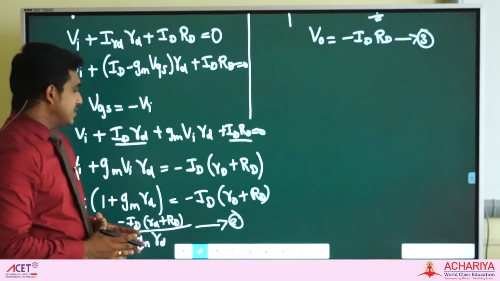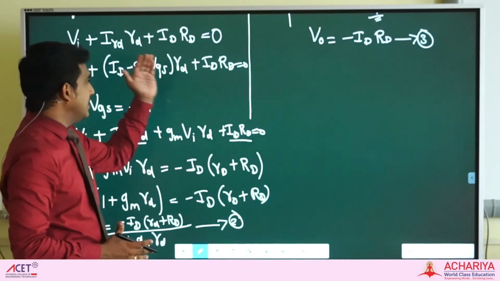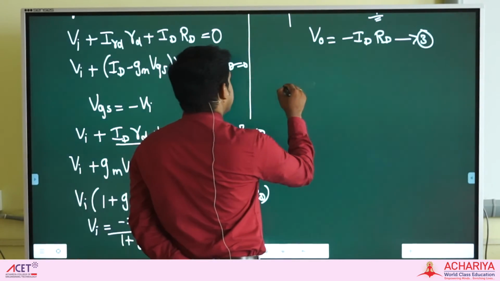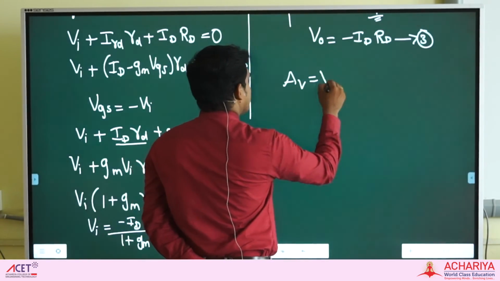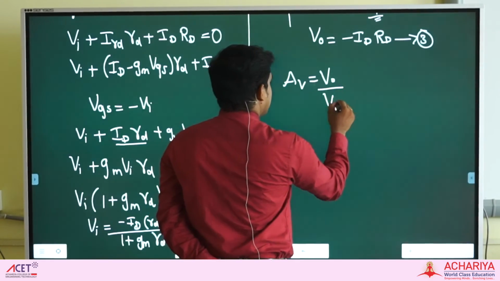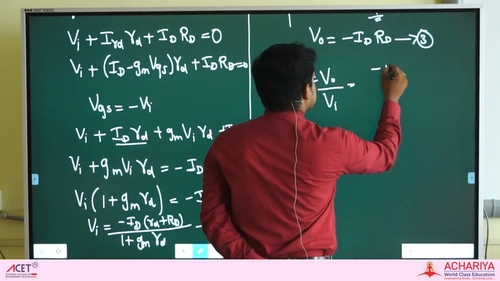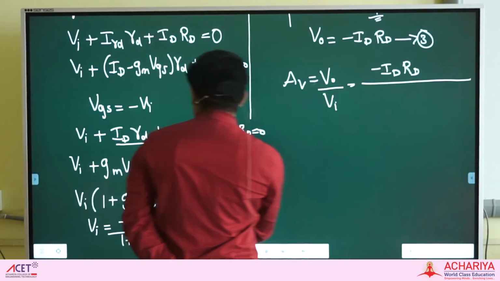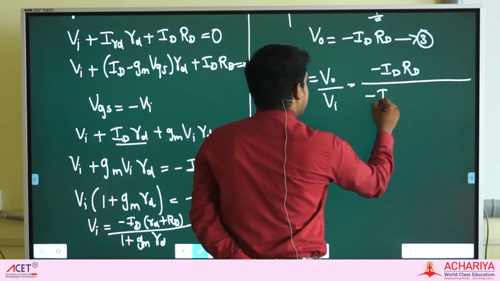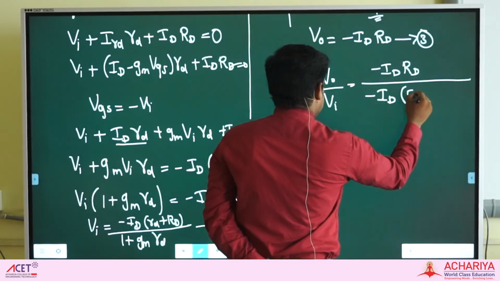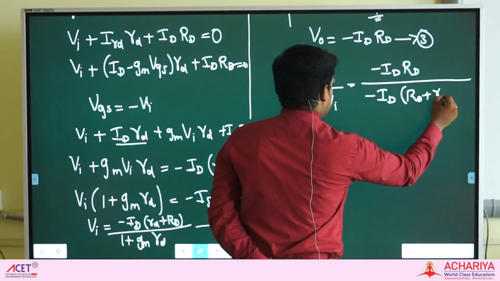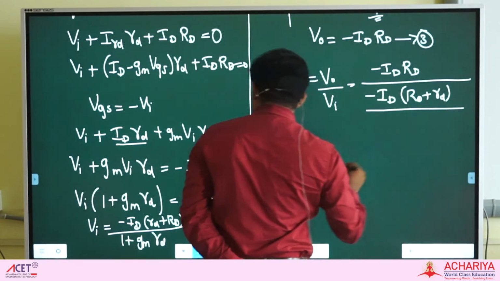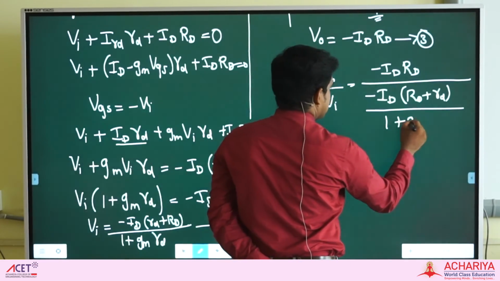Now we can substitute equations 2 and 3 in equation number 1, and we will get the voltage gain. AV is equal to V0 divided by VI. We know that V0 is minus ID into RD, divided by VI, which is minus ID into capital RD plus small rd divided by 1 plus GM rd.